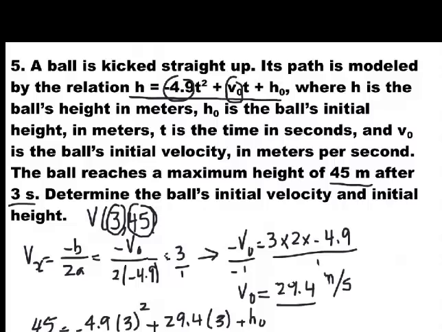Now I can solve this for h0. So h0 is 45. If I move this one to the left, I get positive 4.9 times 3 squared, which is 9, minus, when it goes to the left, it becomes negative 3 times 29.4. If you simplify this with your calculator, you get that h0 is 0.9 meters.